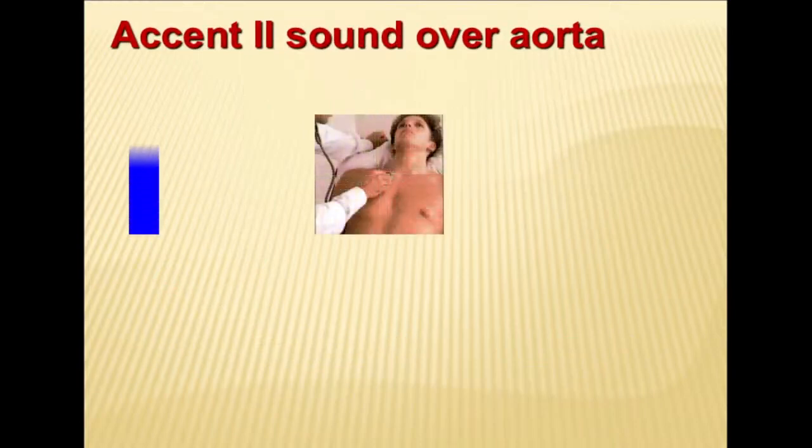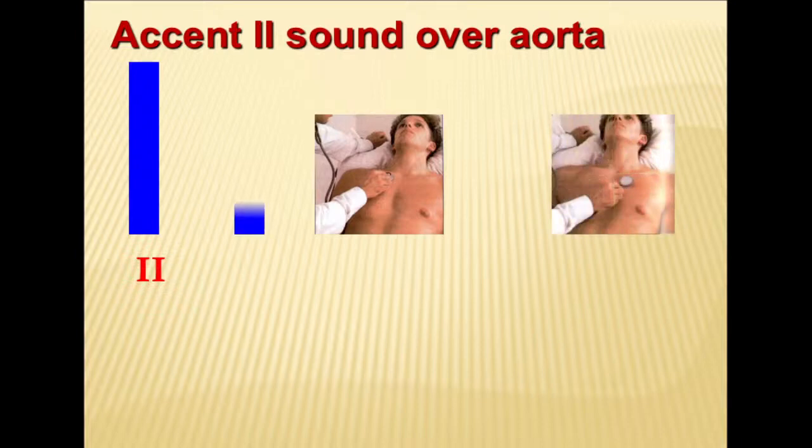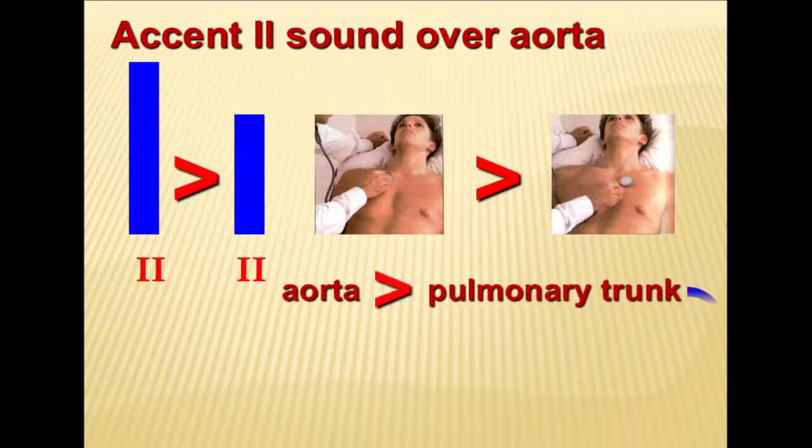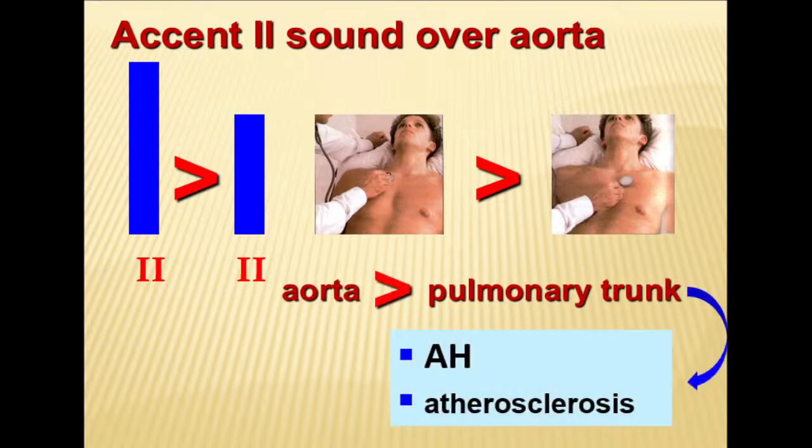Accent of the second sound over the aorta, when it is heard louder than over the pulmonary trunk, appears due to increased pressure in the greater circulation.